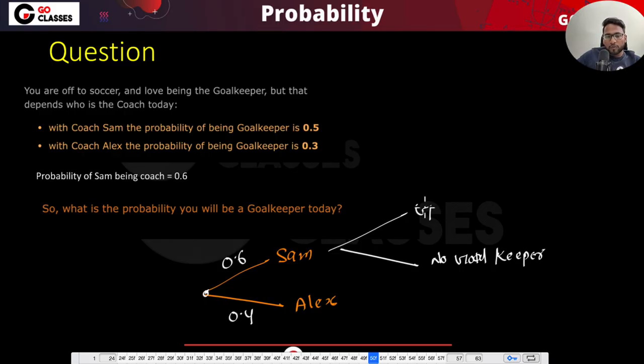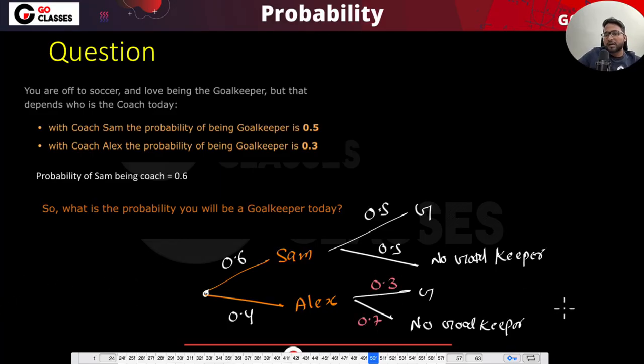You may be goalkeeper, you may not be goalkeeper. And the probability with Sam is 0.5 and 0.5. With Alex, the goalkeeper probability is 0.3, which means the not goalkeeper probability is 0.7.